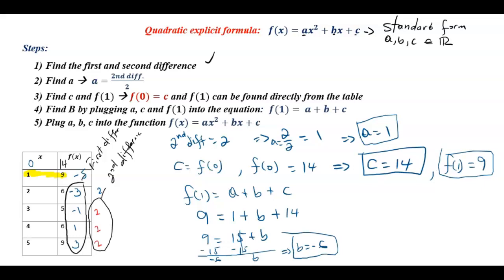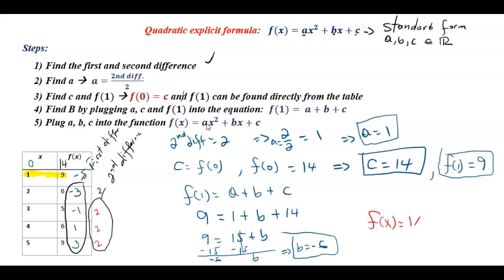Now that you have your a, your b, and your c, that's all you want. So now you can go ahead and write out your equation. Finally, we're going to have f of x equal to, a is 1, so we don't need that, so that's just x squared.